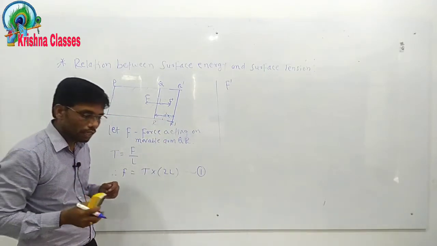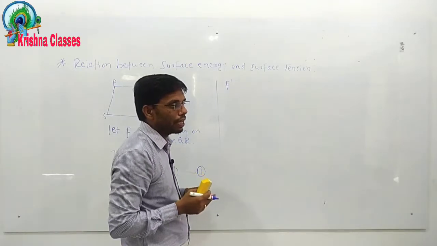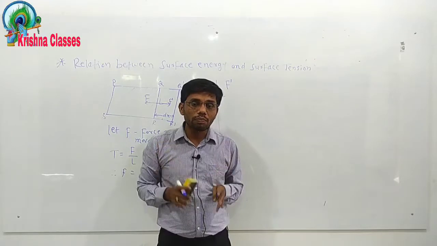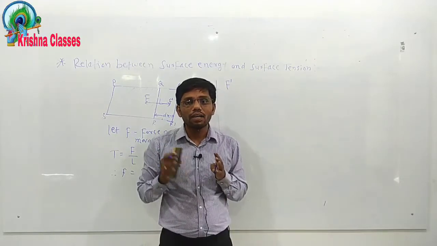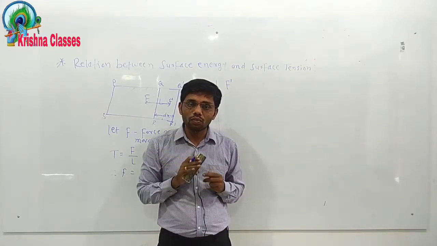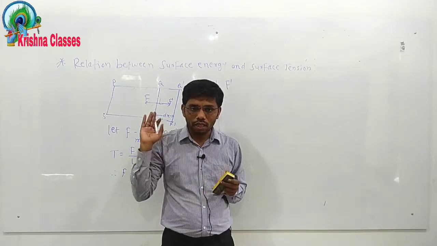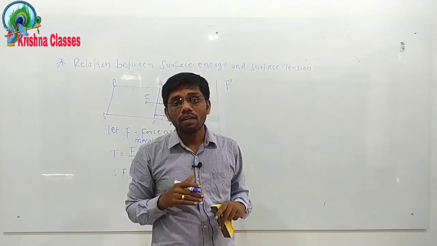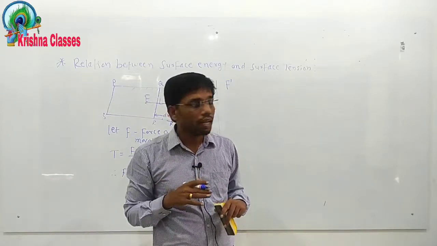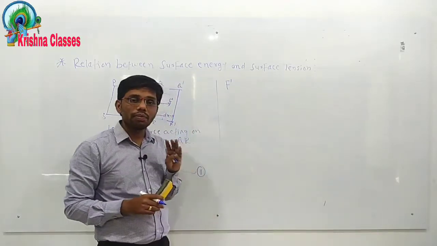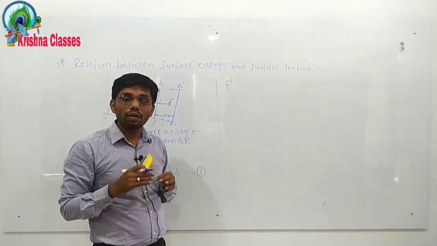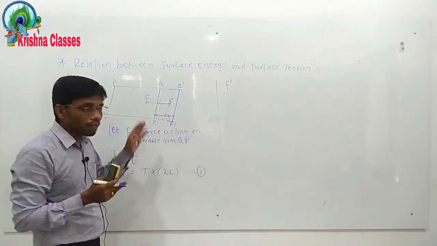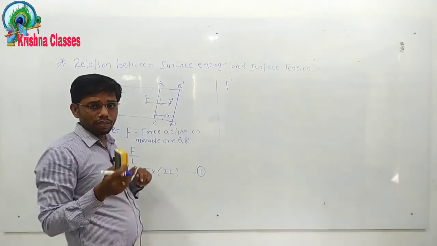Now in surface energy we know what happens. Surface energy means the extra potential energy possessed by the molecules which are present within the surface film. That extra energy is known as the potential surface energy. And you know that every system tries to attain the minimum potential energy. So for that purpose, what will they do? They will try to reduce the area of the surface film.